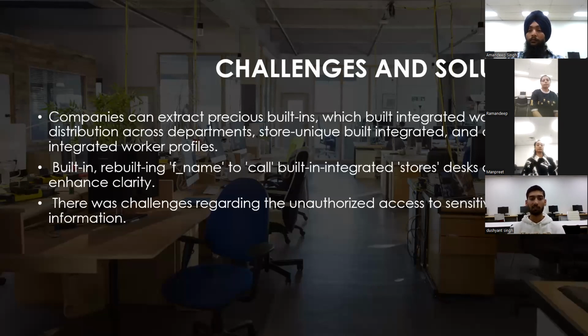So these are the challenges and the solutions we faced. The column names were built inconsistently, which could cause confusion, along with an extra parenthesis. Information accuracy and consistency is an overall concern.